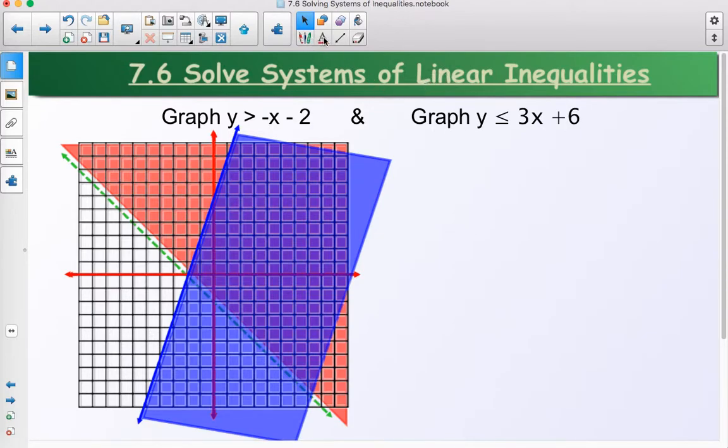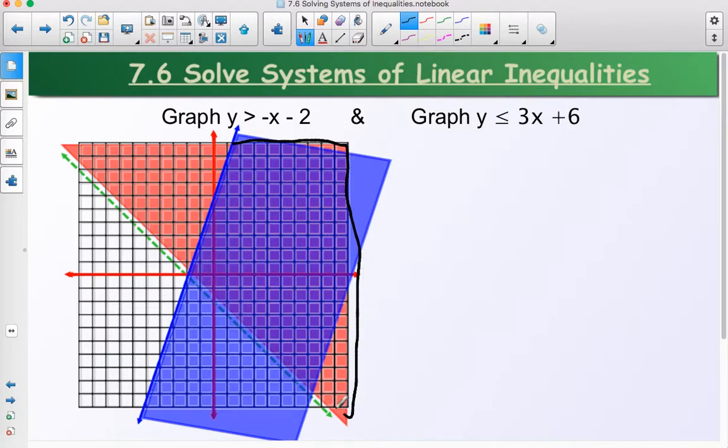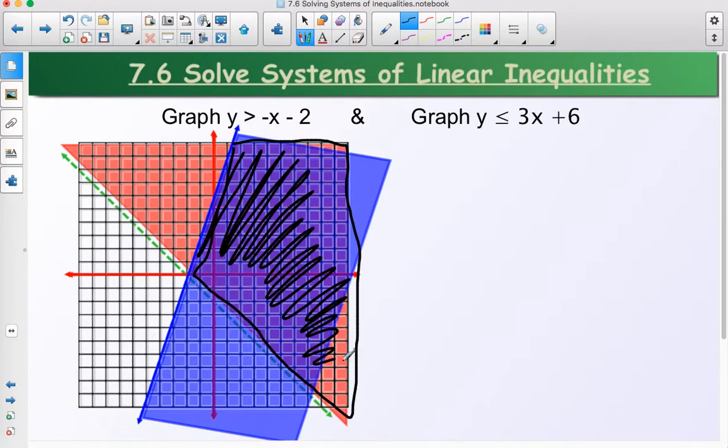So I want the set of points that are going to be above this green line and below the blue line. And the set of points that do that are right here. These are my points that are above my green but below my blue. So these are the actual points that I would shade in.